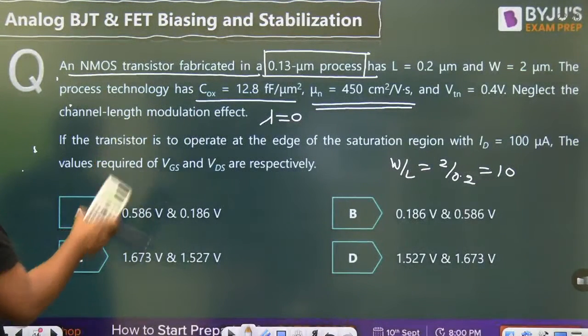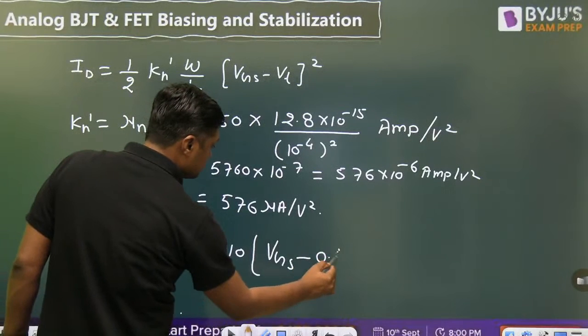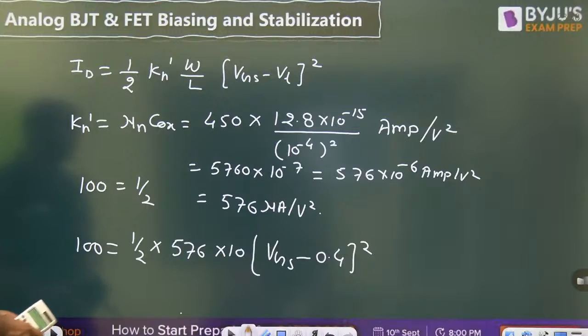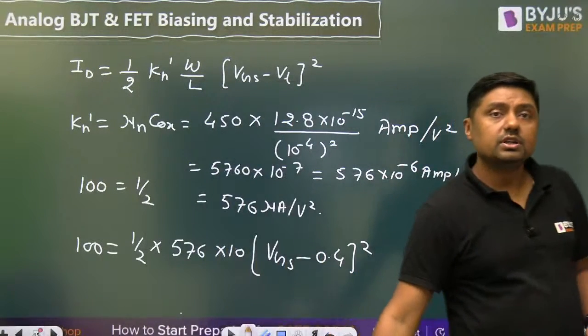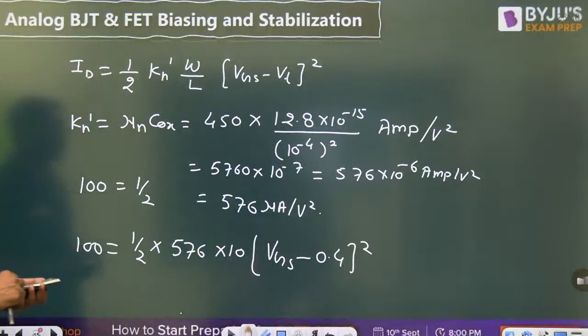VT is given as 0.4. So in this question, simply we have to calculate K and S. K and S is 57.6. Check my calculation, already I have given.